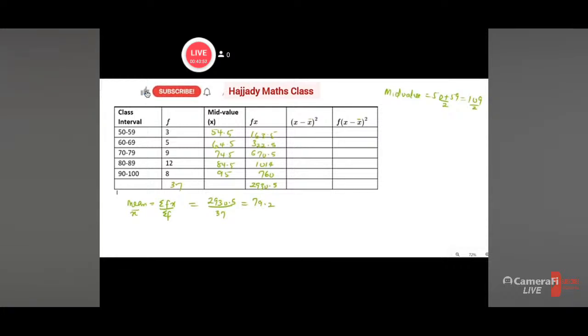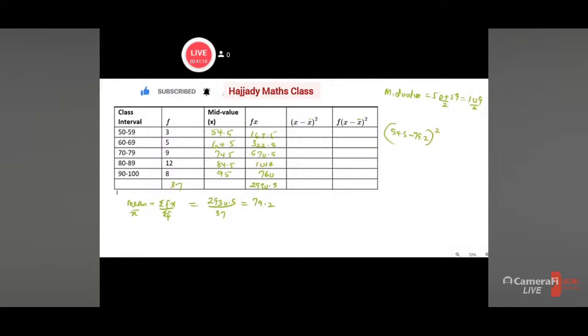What do I mean in getting this? For the first value, it means x. My x is 54.5. That is, I have 54.5 minus x bar, which is 79.2. So I'm going to subtract this and square. You understand? So the same thing will be done for the second one, that is 64.5 minus 79.2, then squared it.